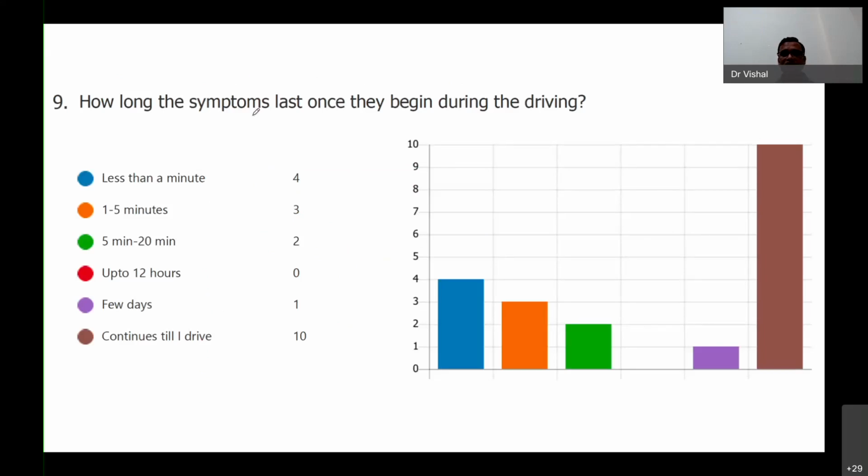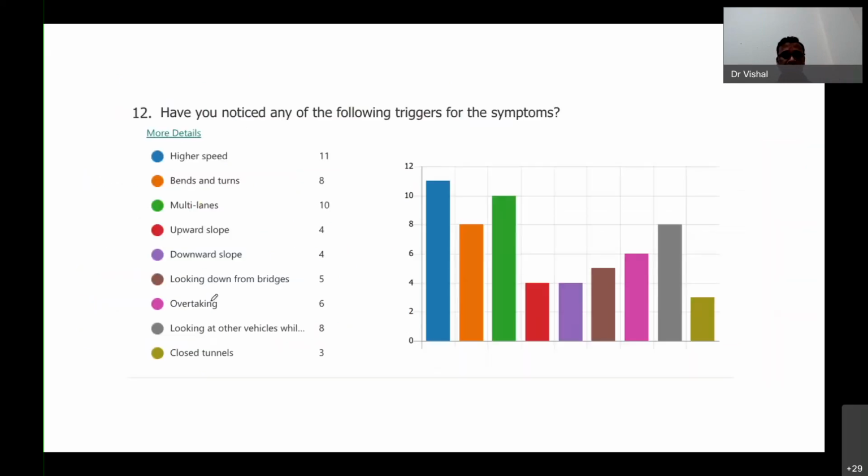And how long do the symptoms last once they begin during driving? Most of the patients answered that it continues as long as they drive, but it can be short lasting. Once these symptoms start, they have to pull over the car or whatever vehicle, and take rest, otherwise it becomes very difficult to continue driving.